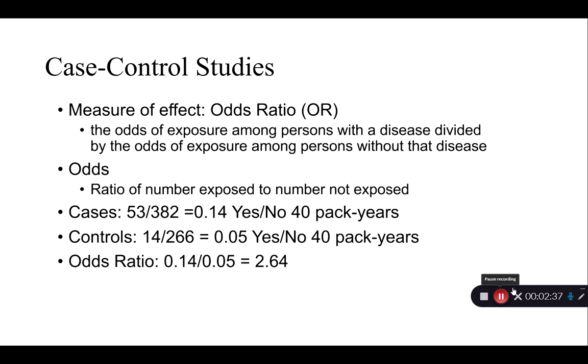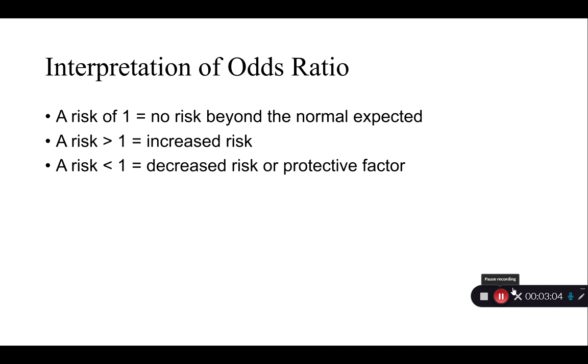That leaves you an incidence of 0.14 for people who smoked greater than 40 packs per year. The controls, conversely, only had 14 patients out of 266. So you have an incidence of 0.05 on AMD if you didn't smoke 40 packs or more a year. So we then divide the 0.14 by 0.05 to get 2.64. That's how you calculate an odds ratio or relative risk.